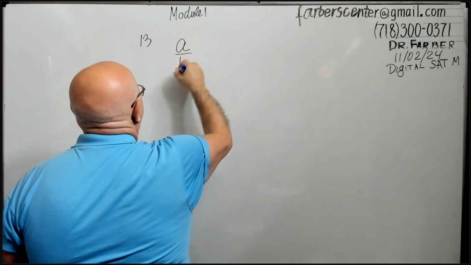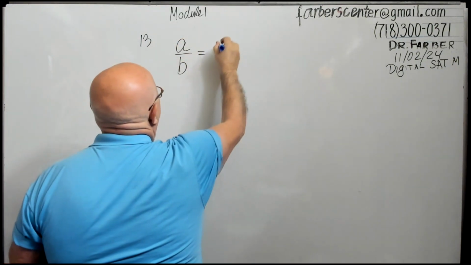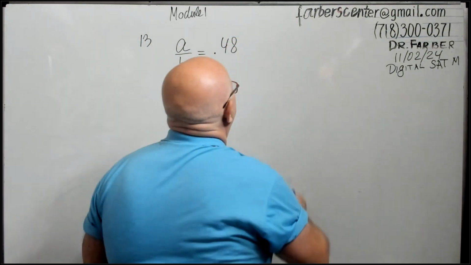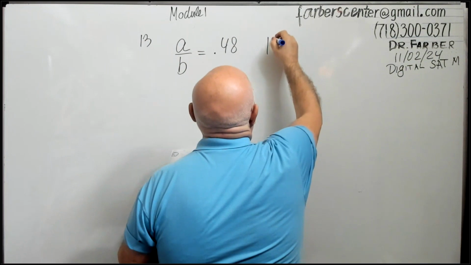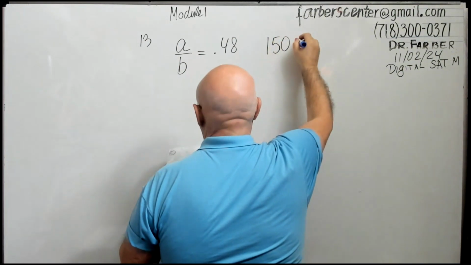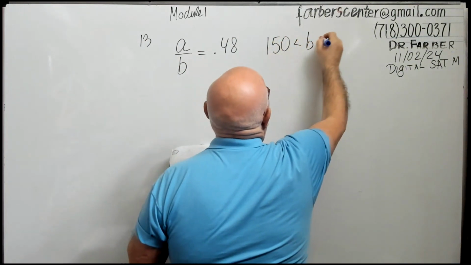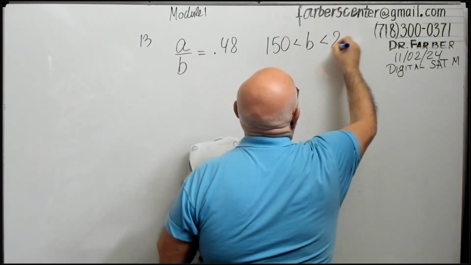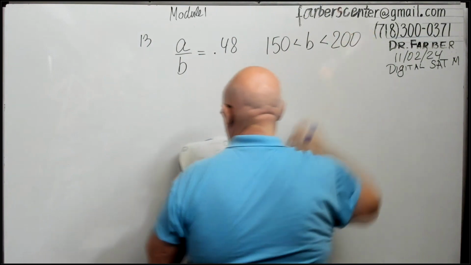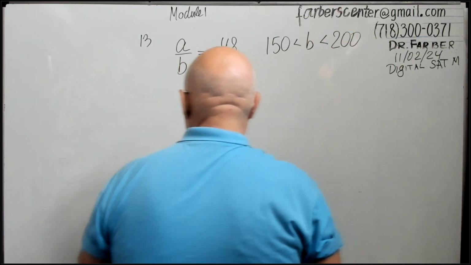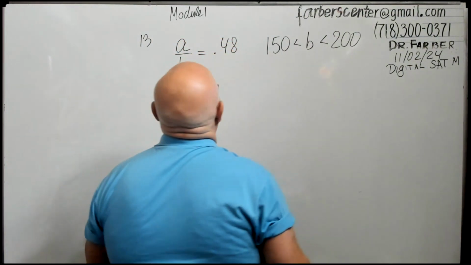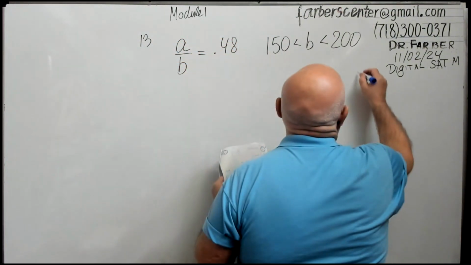A over B equals 0.48. And we have some interval, 150 less than B less than 200. And what do we have to find? We have to find A. A is the question mark.